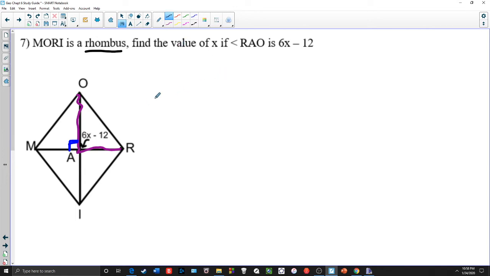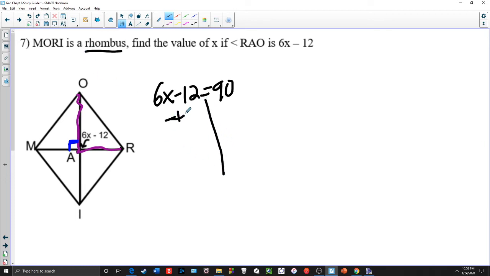So when I set this up, it'd be 6x minus 12, which is the angle, equal to 90 degrees. Because again, it's at this intersection of the diagonals. So this is going to be a 90-degree angle because it's a rhombus. This is only true for rhombi and squares. Rectangles don't have this, parallelograms don't have this, rhombi and squares do. So we'd set up this equation, and again, we'd solve.